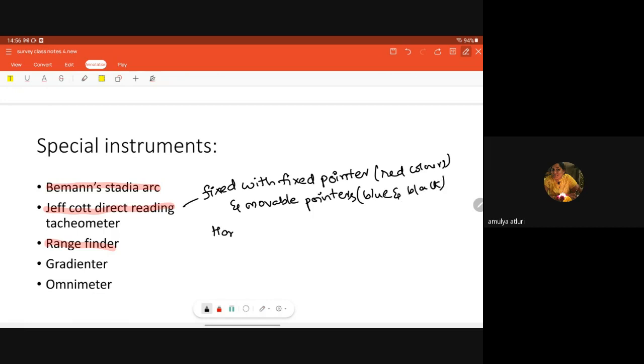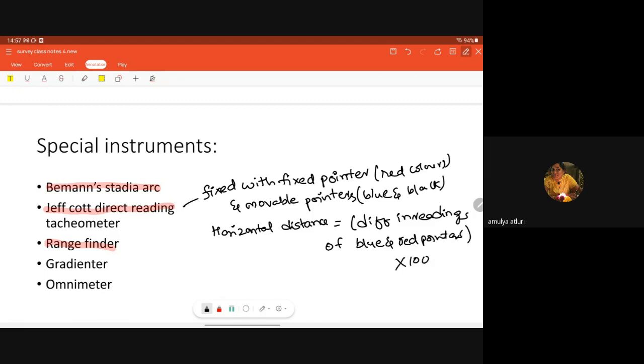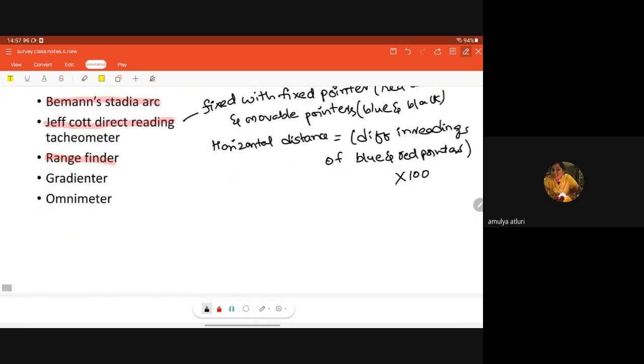Now, horizontal distance is nothing but difference in the readings of blue and red pointers into 100. Got it?